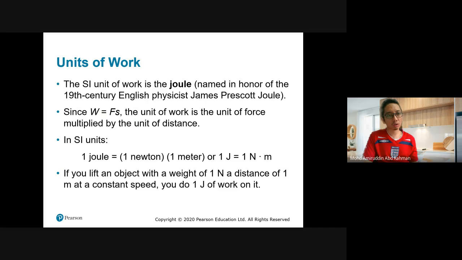Because W equals Fs, the unit of work is the unit of force multiplied by the unit of distance. So 1 joule equals 1 newton, from F, times 1 meter, from the displacement s. So 1 joule equals 1 newton meter. If you lift an object with a weight of 1 newton a distance of 1 meter at a constant speed, you do 1 joule of work on it.